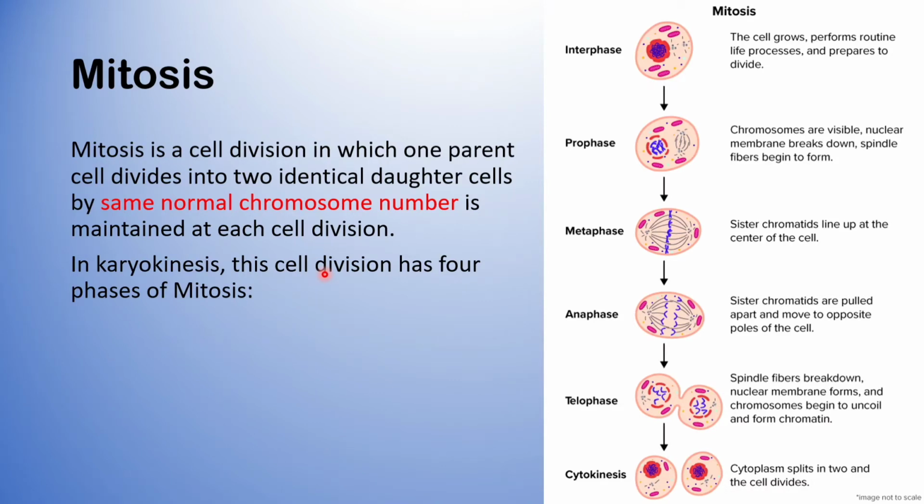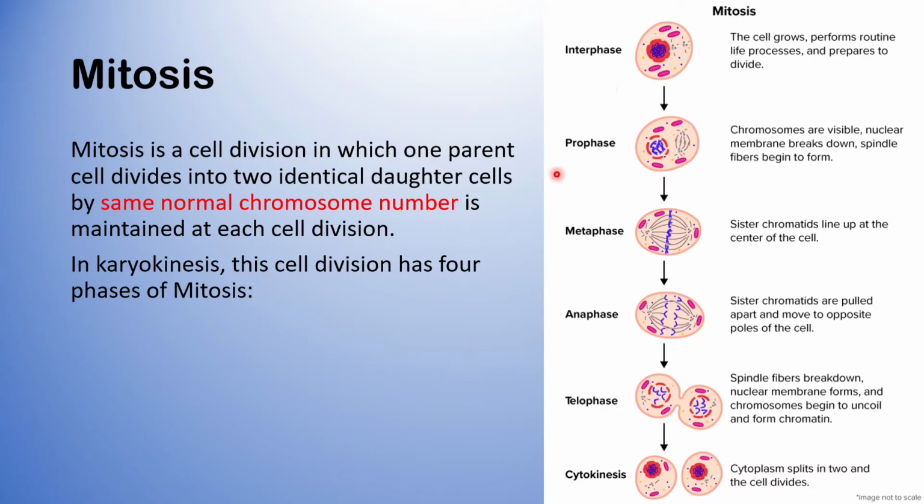So remember it, students. Karyokinesis means division in the nucleus, and cytokinesis means division in the cytoplasm of the cell. In karyokinesis, the cell division has 4 phases of mitosis.